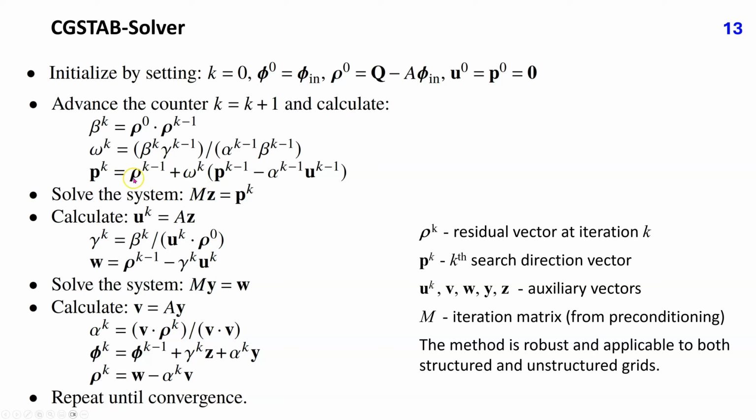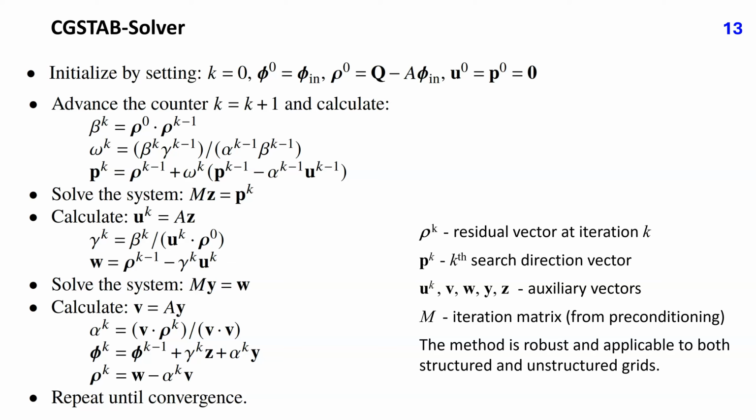The new search vector is computed next from this expression using residual vector from previous iteration and search vector pk and the auxiliary vector uk from previous iteration with multipliers alpha k minus 1 and omega k. We then solve the system matrix M times vector z equal search vector pk.